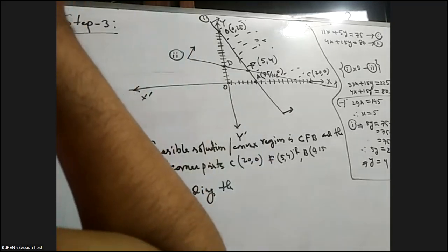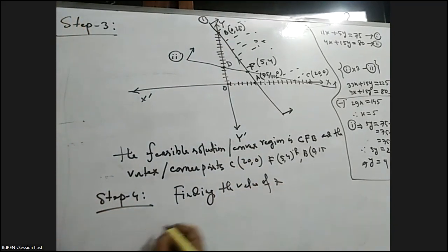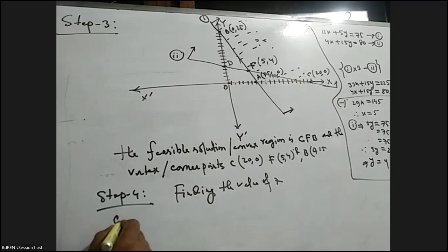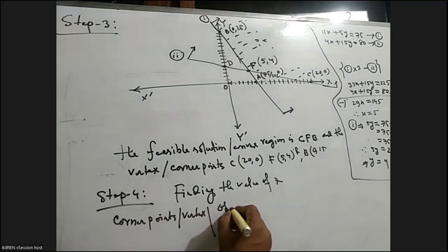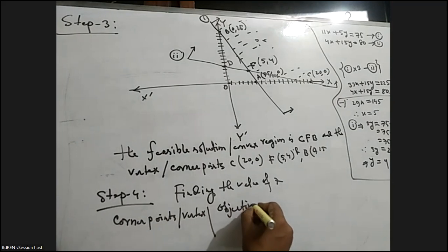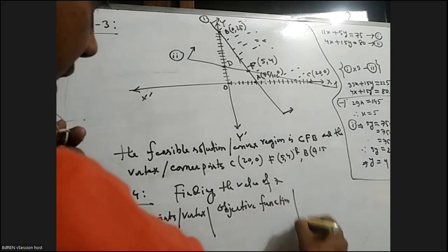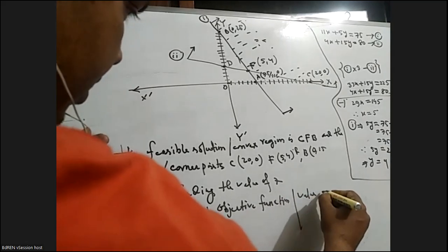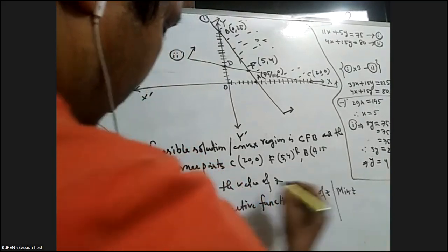First of all, the corner points or vertex points, then the objective function, the value of z, and the minimum z value.